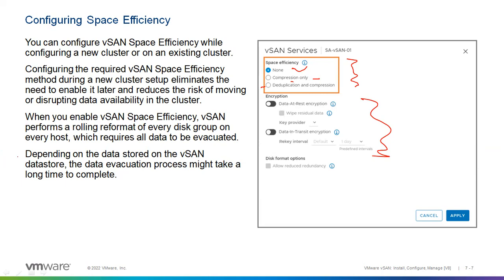Definitely, once you apply it, it takes some time to complete. When you enable efficiency, vSAN performs a rolling reformat of every disk group on every host, which requires all data to be evacuated, depending on the data stored on the vSAN datastore. The data evacuation process might take a long time to complete.